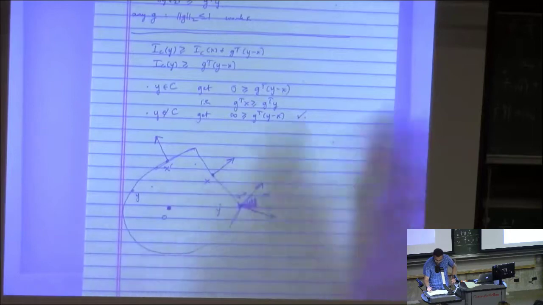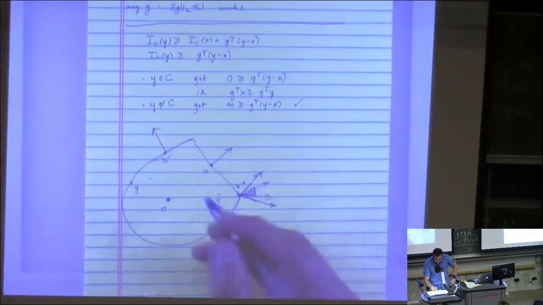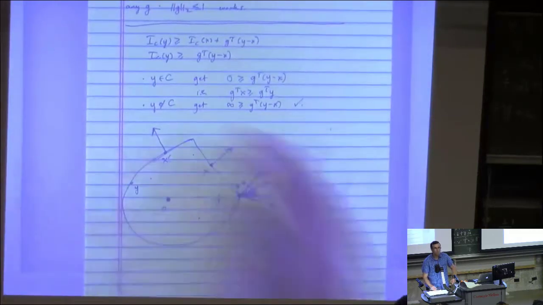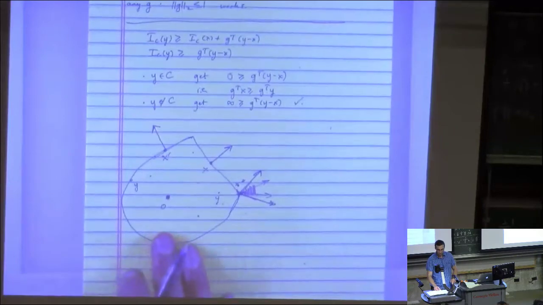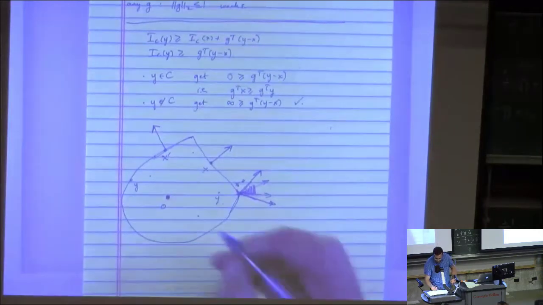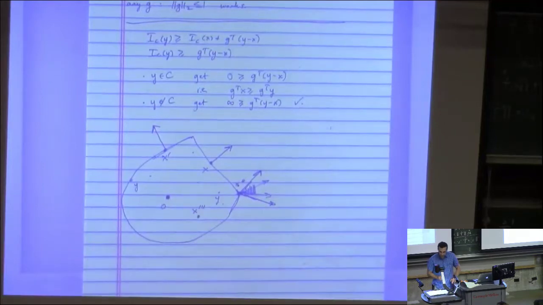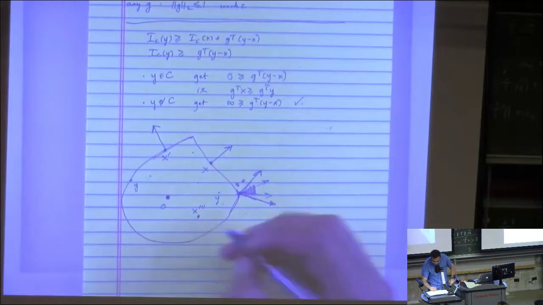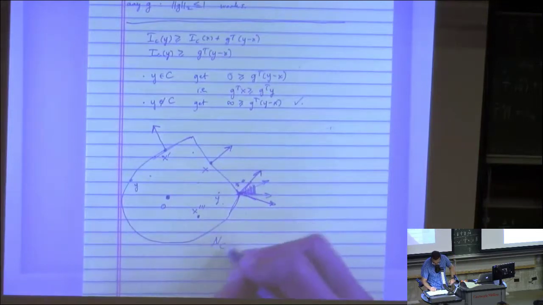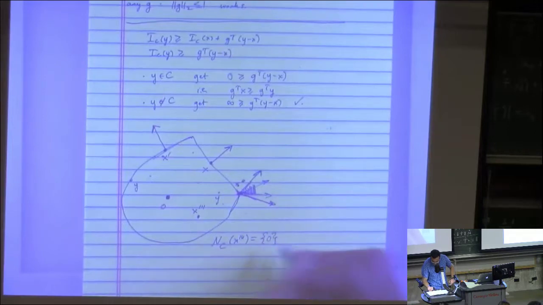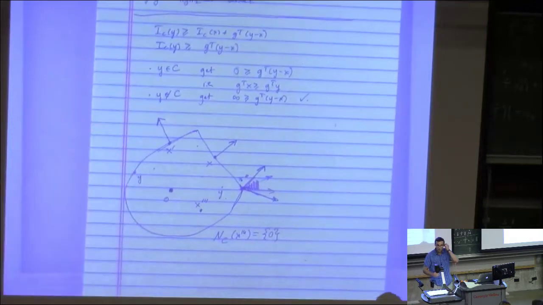Maybe for a bit more intuition: why am I drawing points on the boundary? What happens if I ask for the normal cone at a point in the interior? Let's say this is x triple prime. What is the normal cone at that point? It's just 0. It has to always contain 0, since it's a cone, but it can't contain anything more than 0.